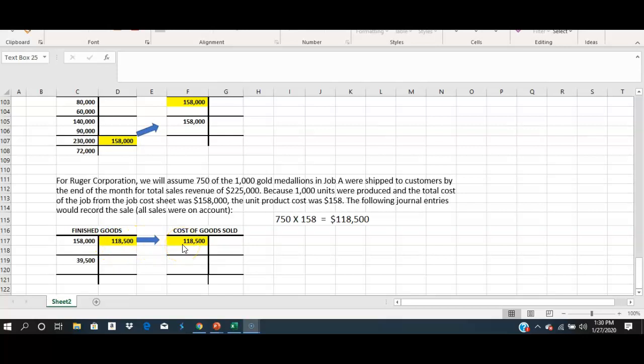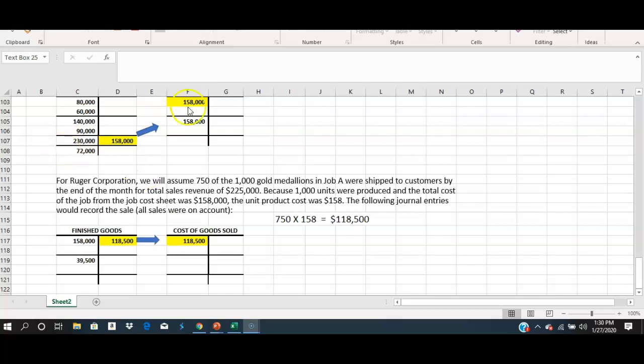Cost of goods sold is going to increase, shown on the left-hand side. Cost of goods sold, this is an expense account that shows how much we paid for those medallions that were sold to our customers during the course of the accounting period.